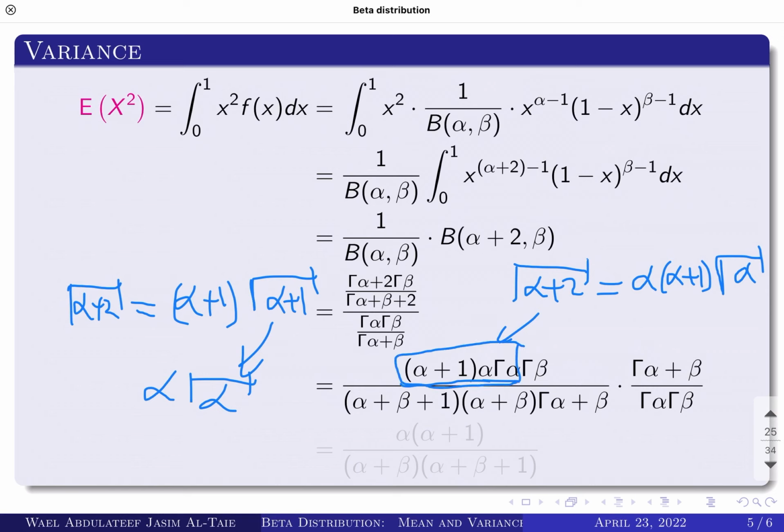And then gamma of beta we put as it is. Then gamma of alpha plus beta plus 2, we can write as alpha plus beta plus 1 times alpha plus beta times gamma of alpha plus beta.